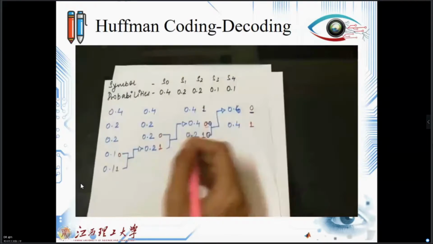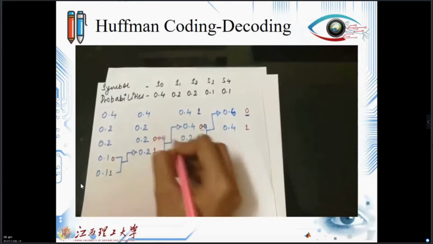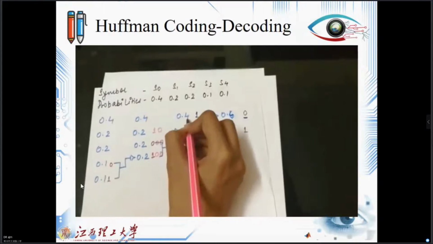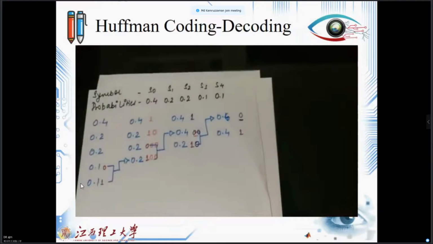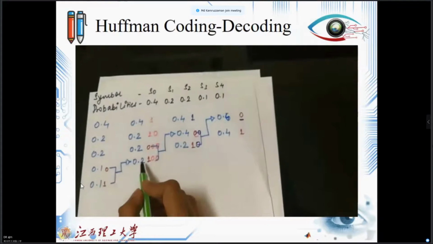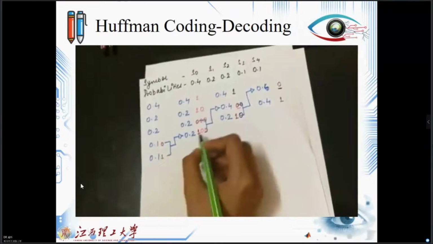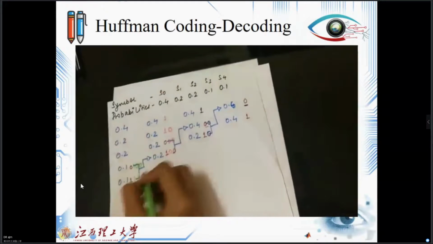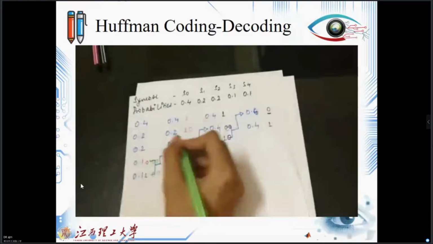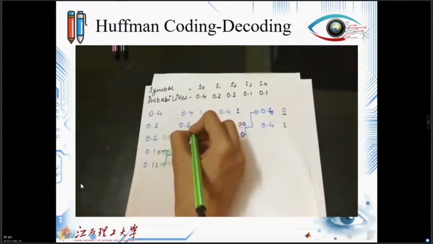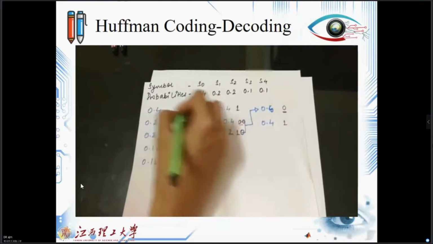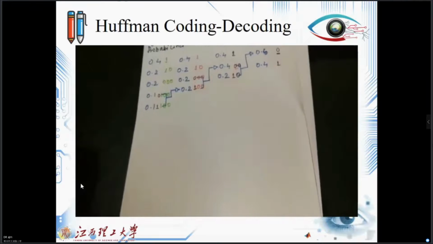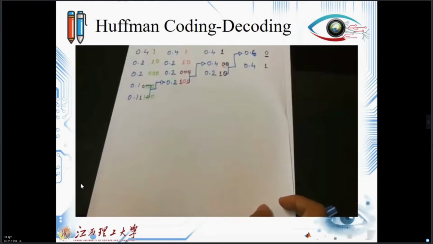Put 0, 0, and 1, 0 will come up. 1 will again remain there. 0.2 is the result of those probabilities. Again I add these two, and this 0.2 we share with the others. See, 0 0, again 1 0, and then 1. This is the first step, where we assign the codes to our probabilities.